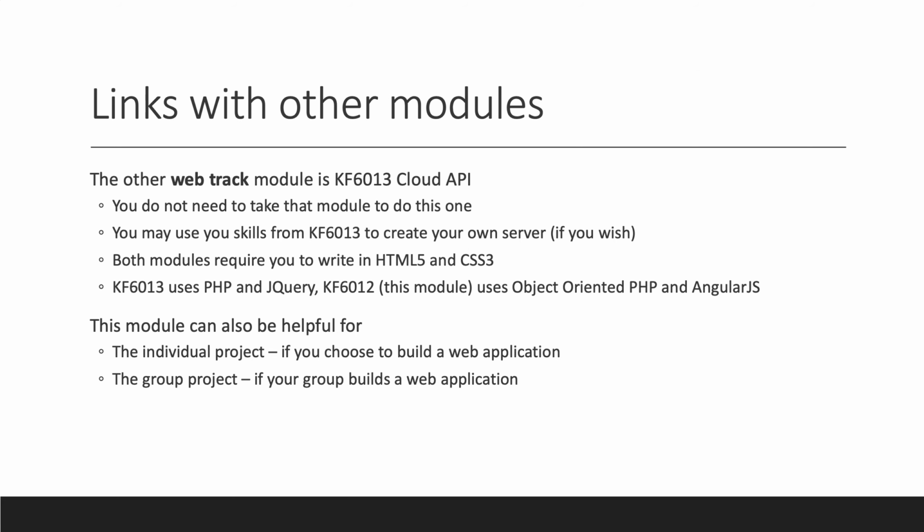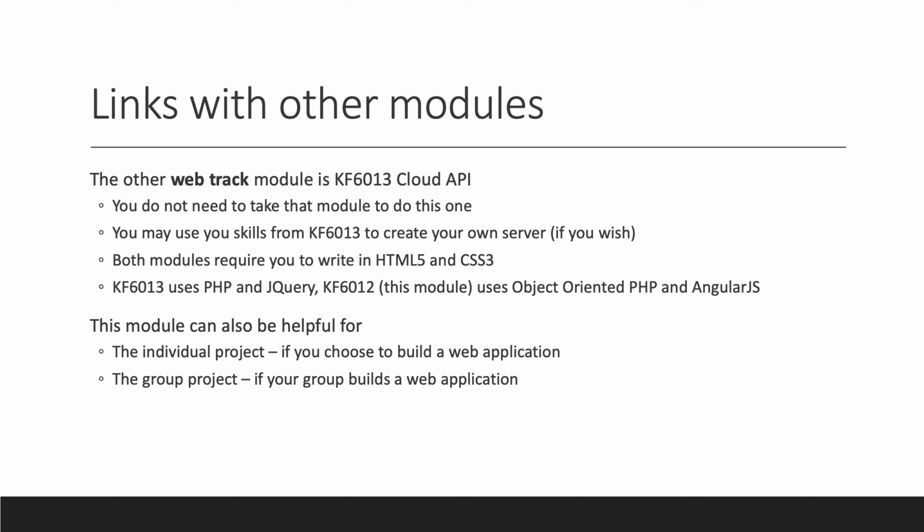This module is part of the web track. It's of course open to lots of people to do, so you might not all be on that track. But there is another module on the web track as well that this module has some relationship with. That is the Cloud API course, KF6013. You do not need to take that other module in order to do this one or to understand this one.